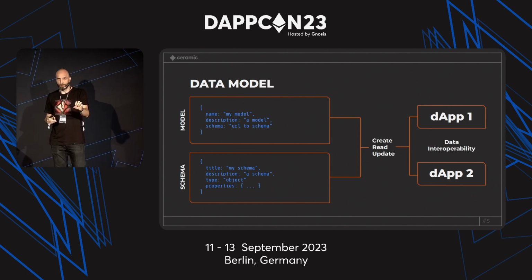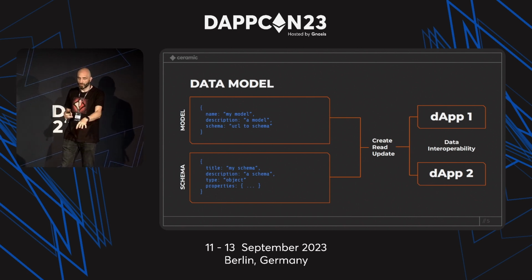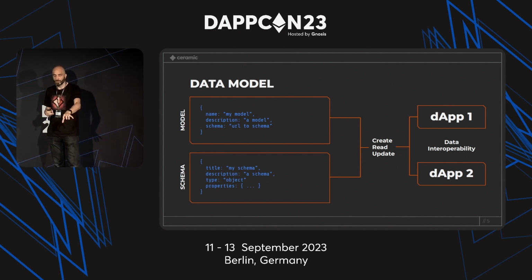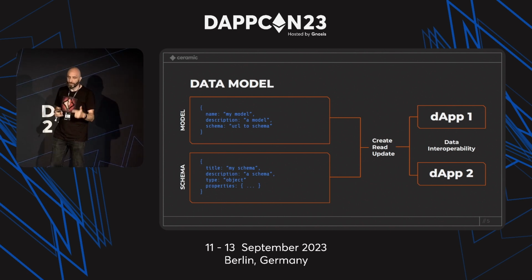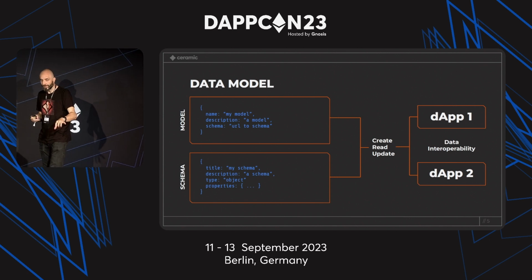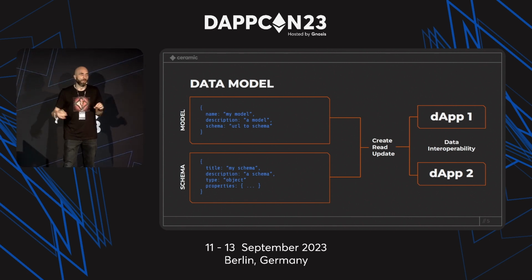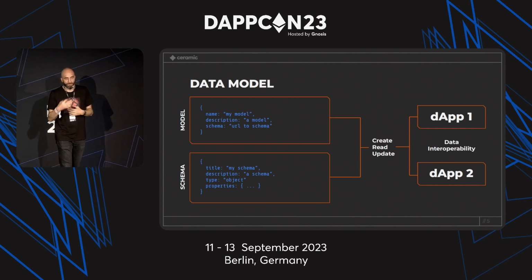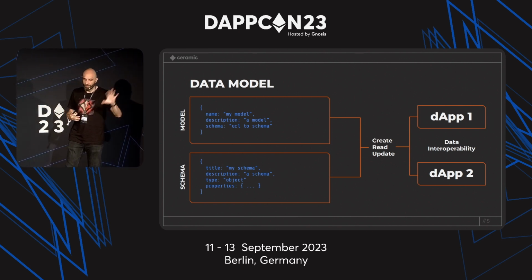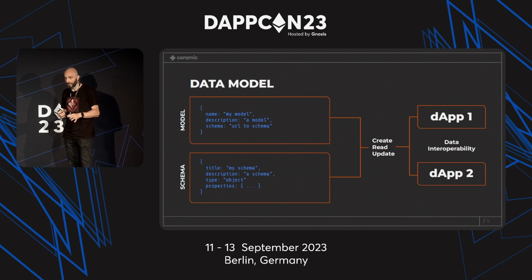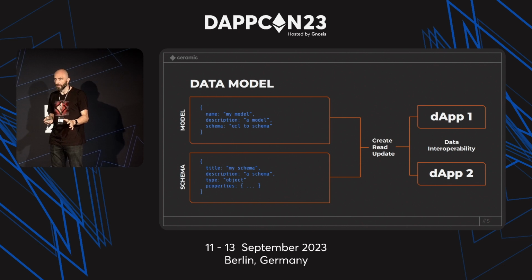And then with Ceramic, with ComposeDB, you can interact with that model by creating, reading, updating all the data, and multiple apps can do that. Multiple apps can access it, multiple apps can add to it, edit, and so on, based on the permissions that I'm setting up. So that's the composability part of the model.